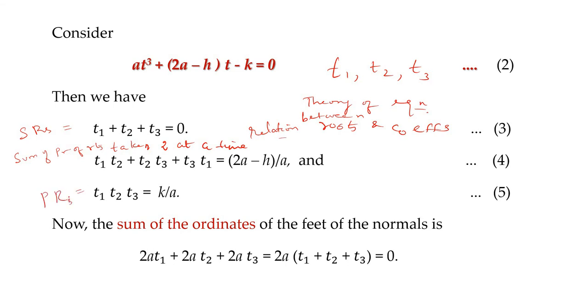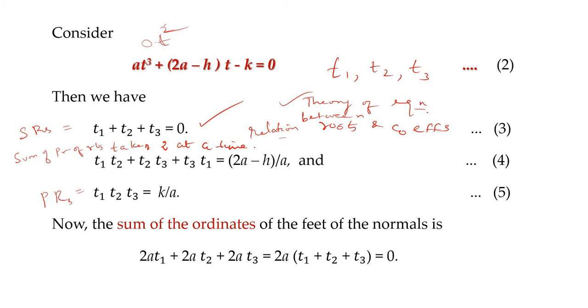So this is from the theory of equations. We have t1 plus t2 plus t3. There is no t square term, so it is 0 into t square. So you get 0. And the sum of the product of the roots taken 2 at a time.